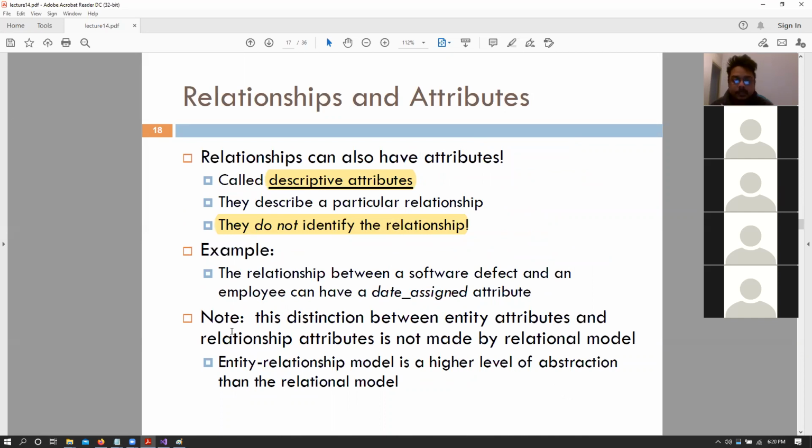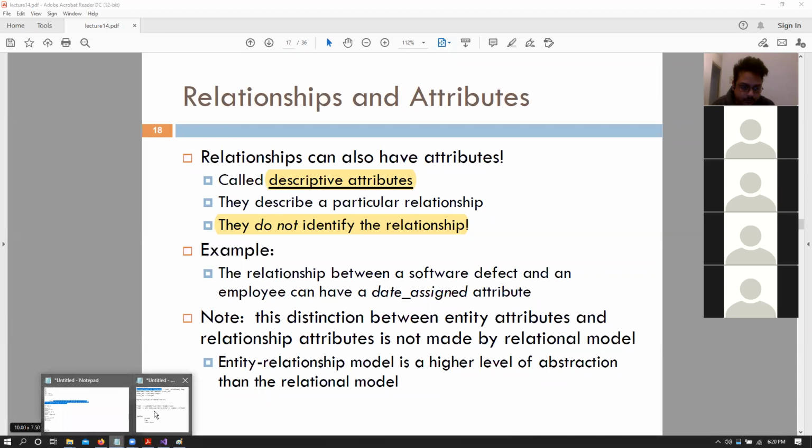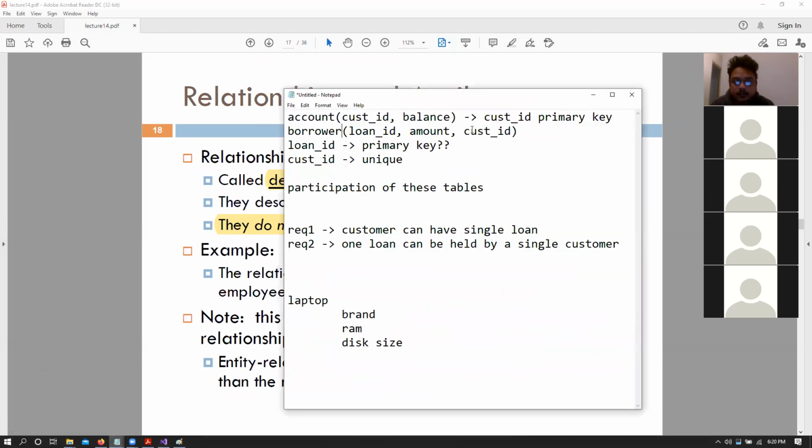Now, relationships can also have other attributes, right? So if you remember the borrower table, what did we have? So we had loan ID. Let me just move this to that side because it is really bugging me. Yes.